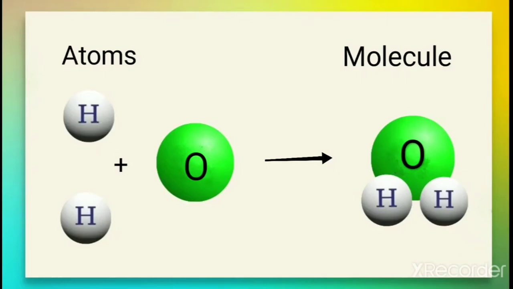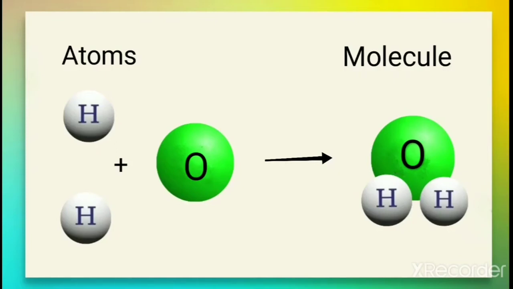So the molecule is formed by the combination, or we can say the bonding, of atoms. If you want to find the molecular mass, that means the mass of a molecule, we need to combine the masses of the atoms. Here we are considering the molecular mass in terms of relative molecular mass.